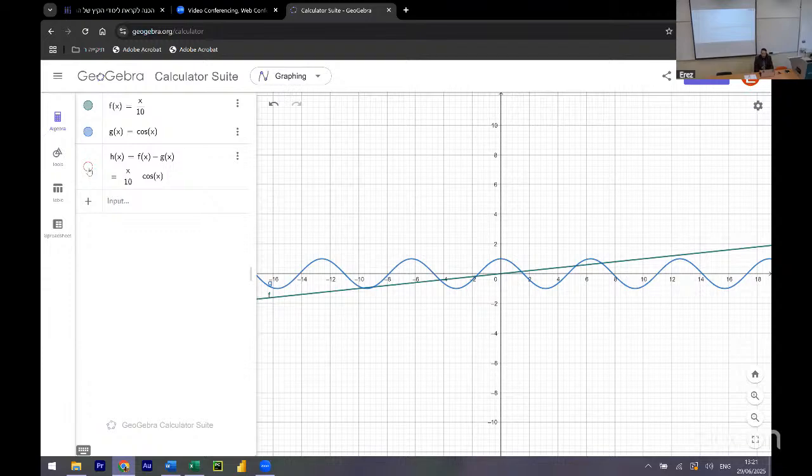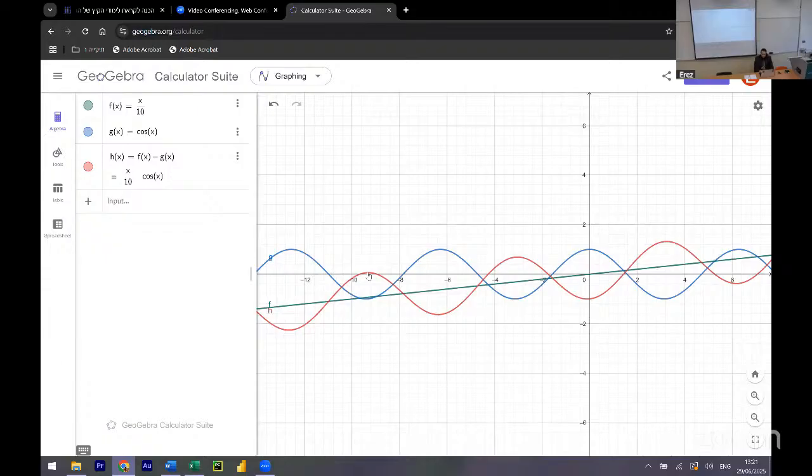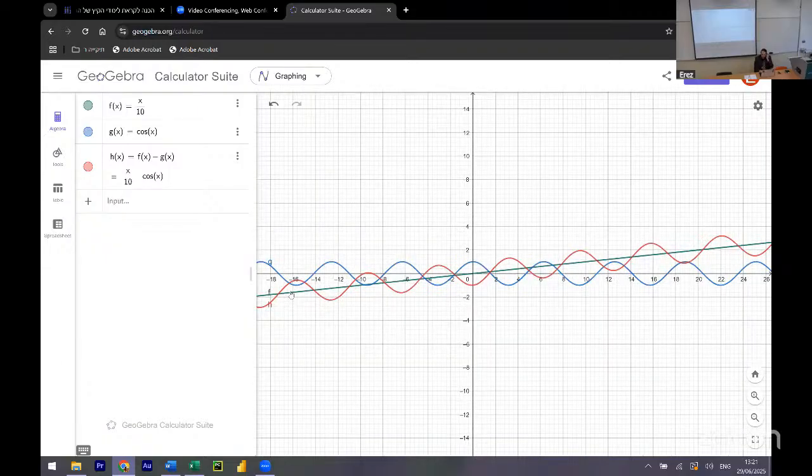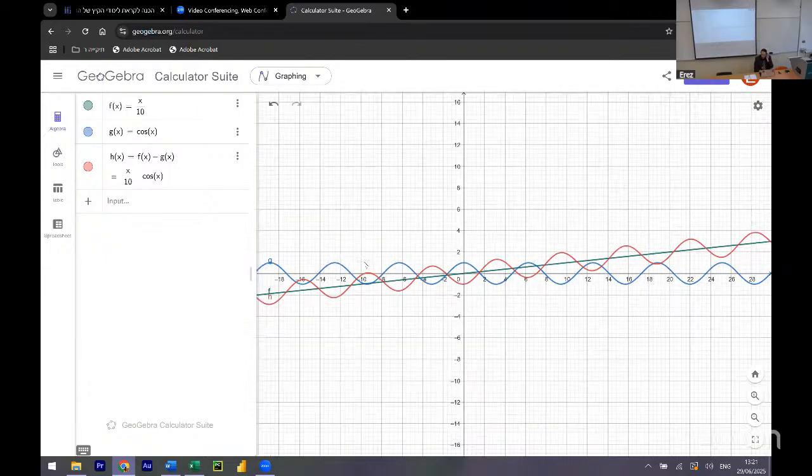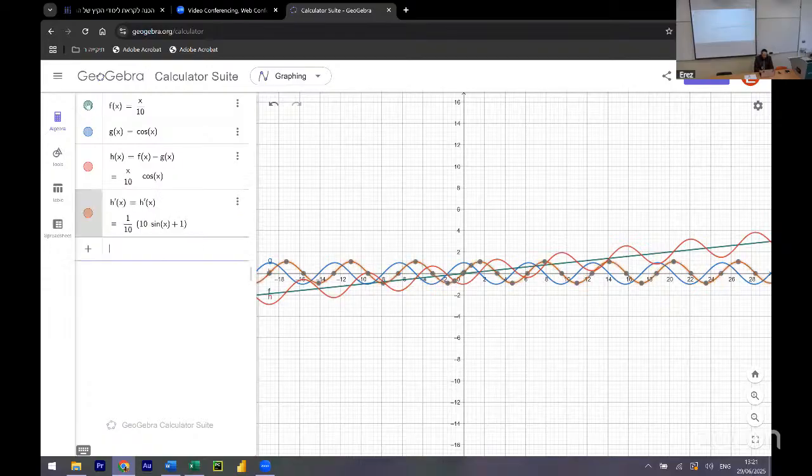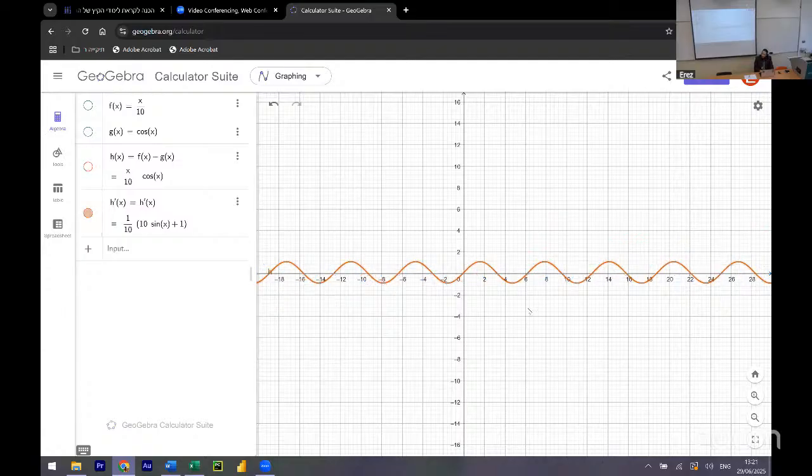And if we look at the derivative of h of x, it is positive, then negative, positive, then negative.